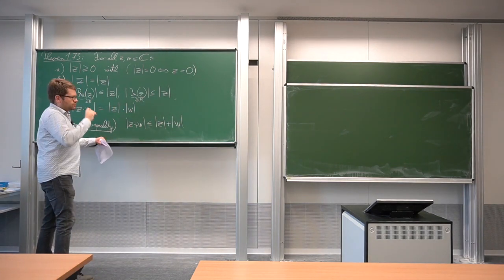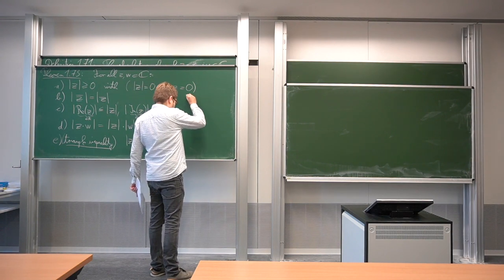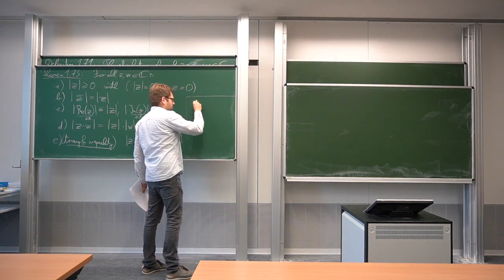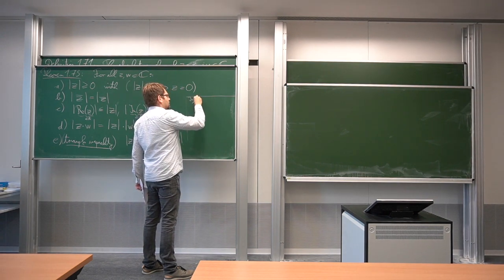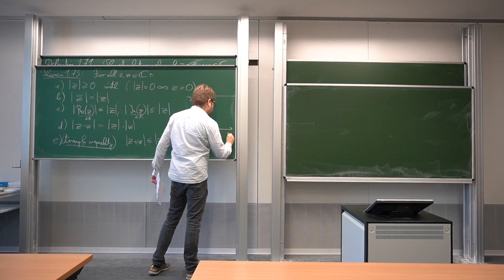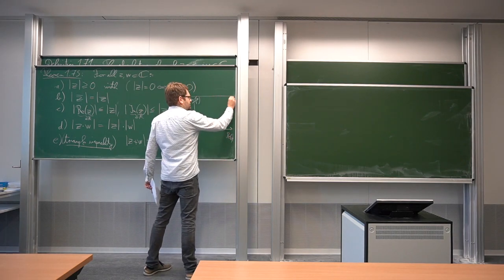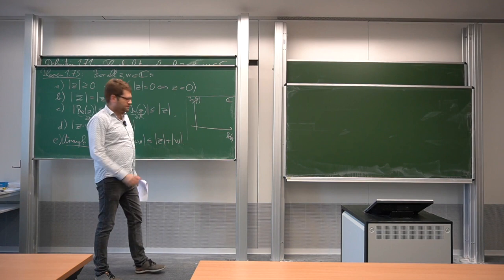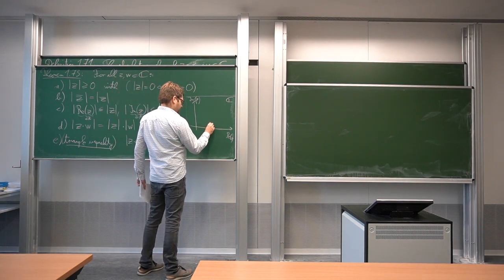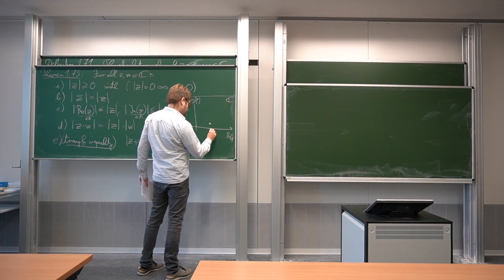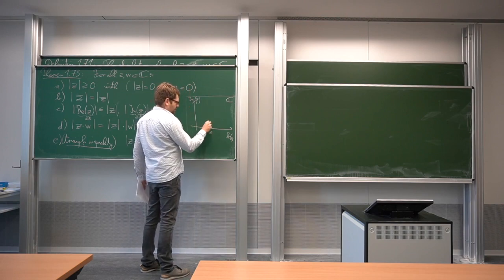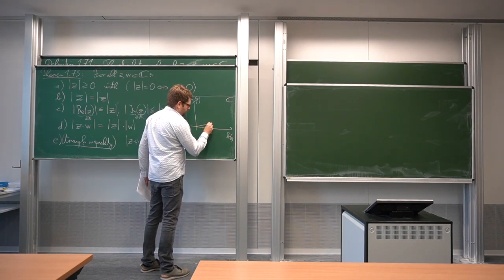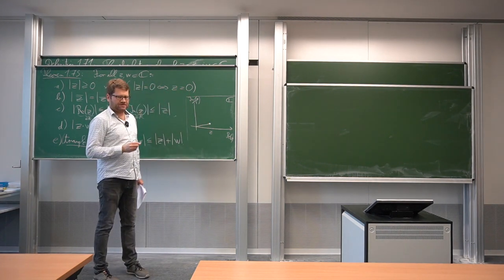And now I can tell you why it's called triangle inequality, because this is again motivated by what we get when we take a look at C as the Euclidean plane. So let's draw just one quadrant again for simplicity. So this is C. If we have two different complex numbers, let's call this one z, and we have some number w, and we have seen that the addition in the complex numbers is just addition of the components.